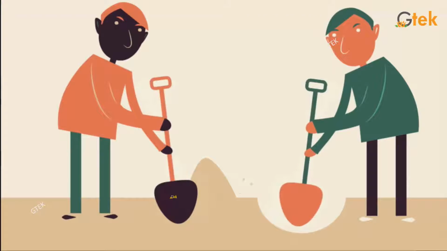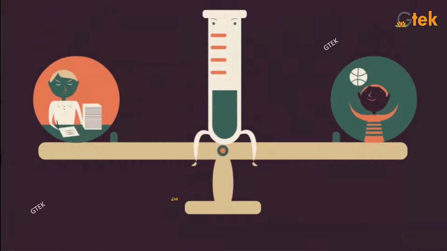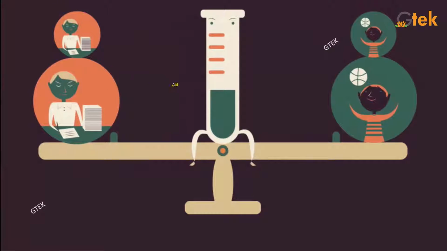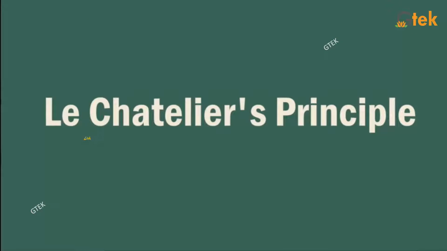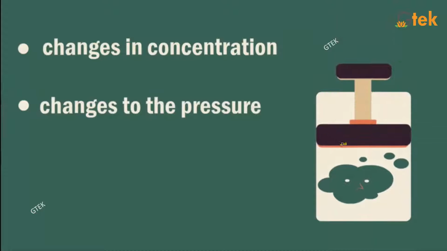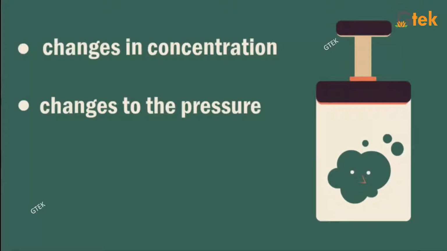Similarly, if there is an equilibrium, the direction will move based on the weight of the object on one side. This is referred to as stress. It can happen due to a change in concentration, a change in pressure, or a change in temperature.